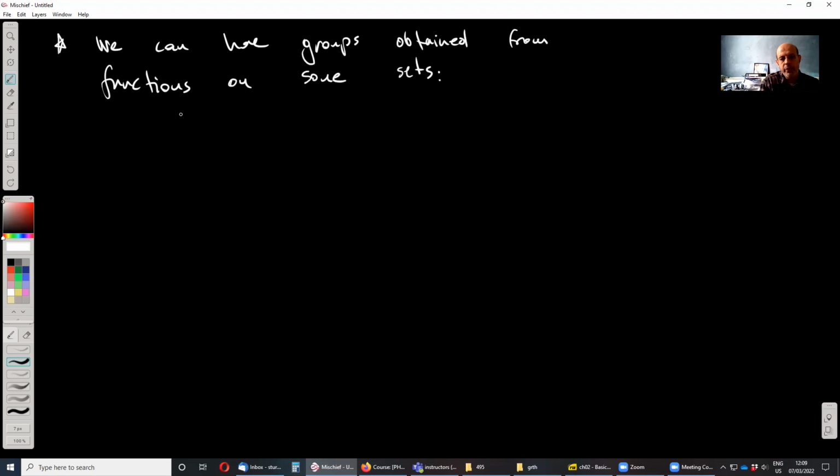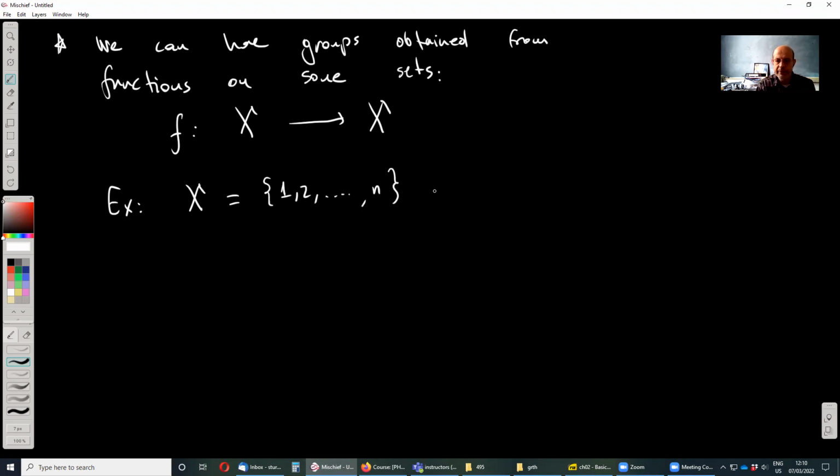We might have a function, for example, from some object into some other object. Usually the symmetry transformations are of that kind. For example, in that case, X might be the set of numbers from 1 to n.